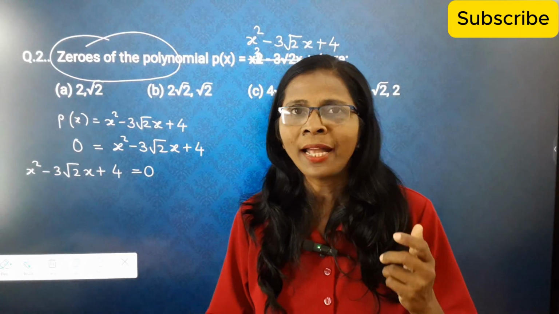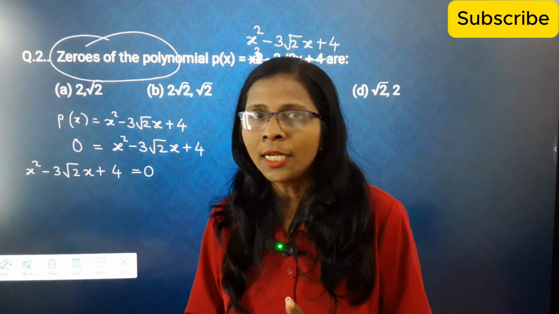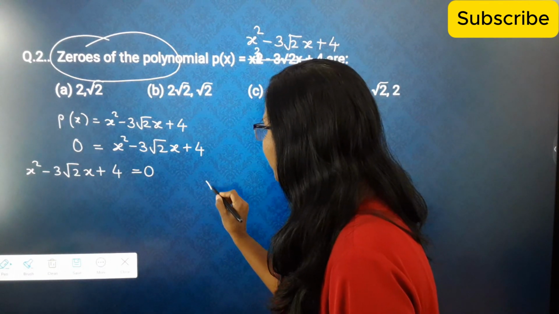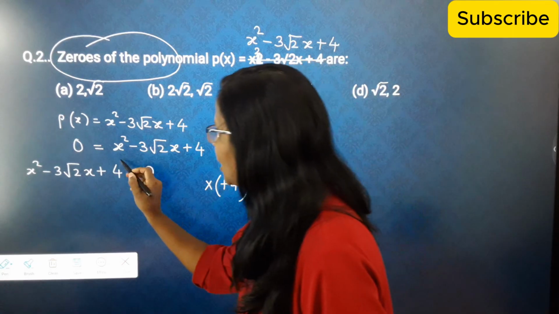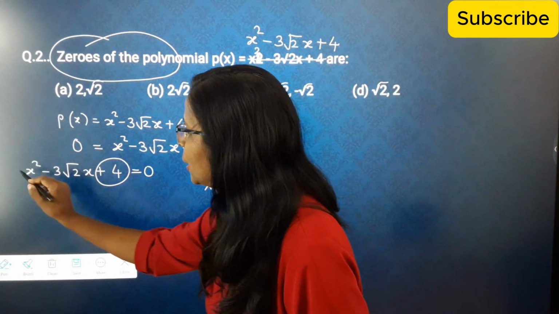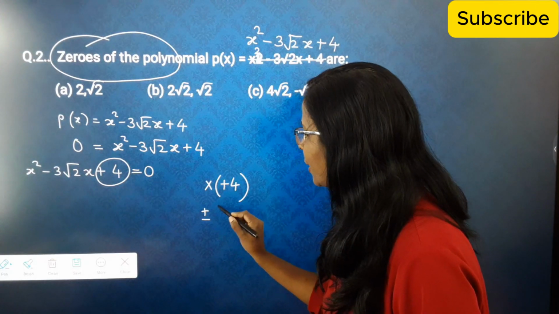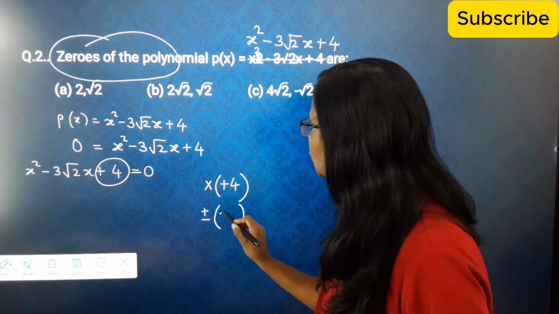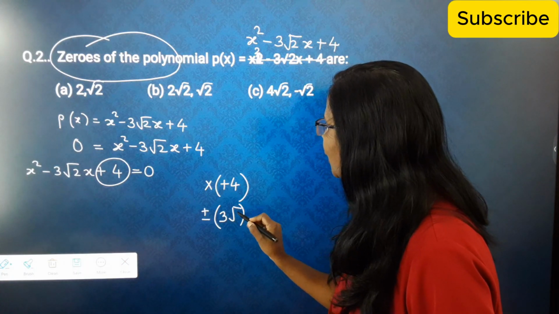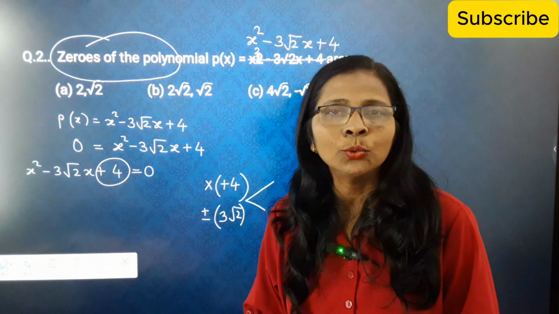So how can we find it? We want two numbers such that their product will be positive 4 and their addition or subtraction will be minus 3 root 2.